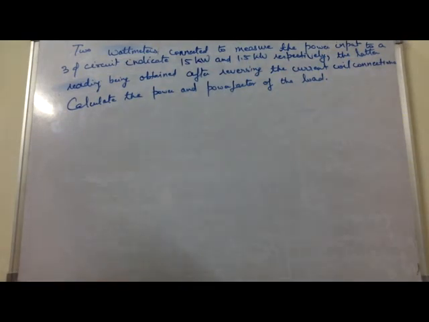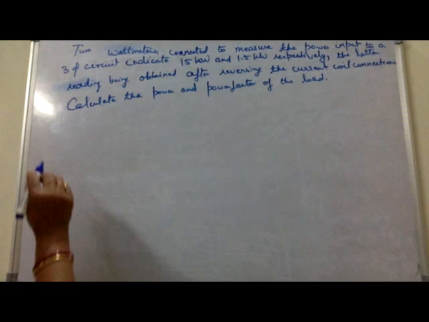Now, we'll take up the numerical which says that two wattmeters connected to measure the power input to a three-phase circuit indicate 15 kilowatts and 1.5 kilowatts respectively, the latter reading being obtained after reversing the current coil connections. Calculate the power and power factor of the load.